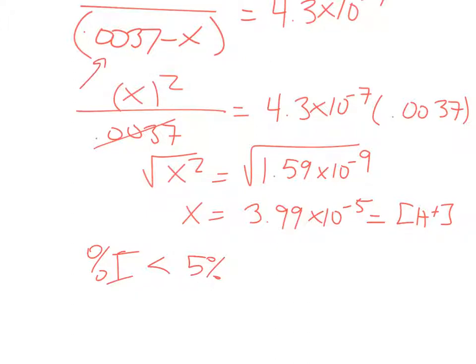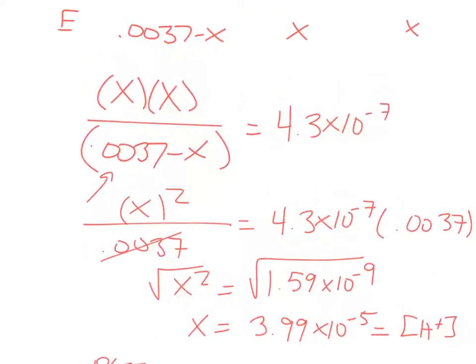So let's take 3.99 times 10 to the negative 5th divided by 0.0037. I already know this is going to be a really small percent ionization, but let's do it anyway. The answer is 1.1%. So this acid dissociates only 1.1%, and that's a small enough amount to be negligible for the denominator right here.